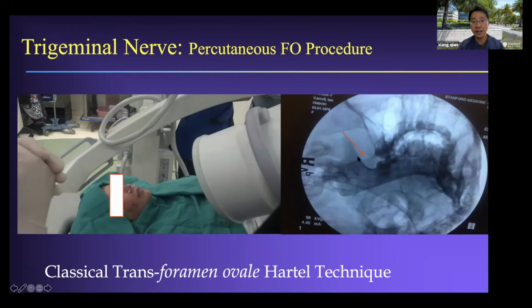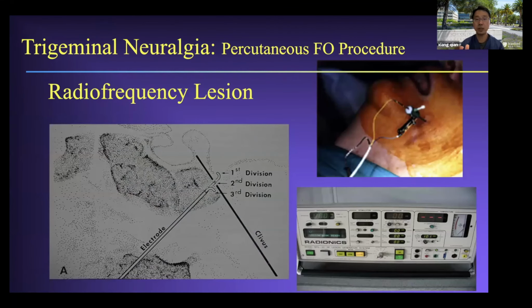This is the foramen ovale. And then at the corner of the mouth, 2 centimeters away, that's Dr. Hartel's landmark. You go in and with your needle go through the foramen and into the Meckel's cave, then you can deliver thermal energies to kill it.